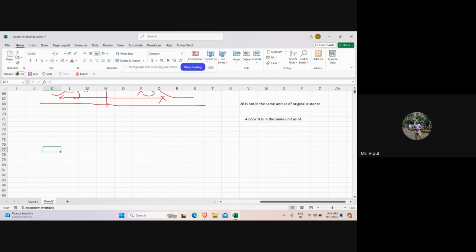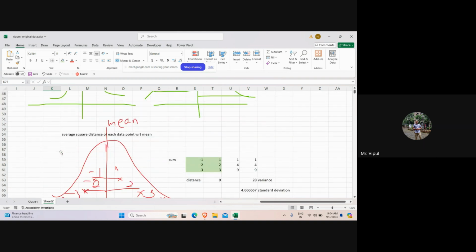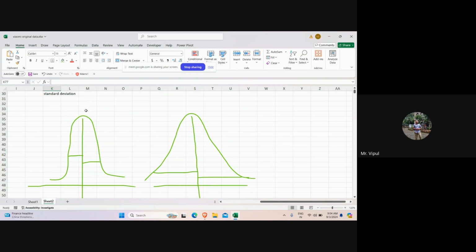Now, second point. See, if the distance is less, then the standard deviation and your variance are less, right? If the distance is high, the standard deviation and variance are high. So what do you think?